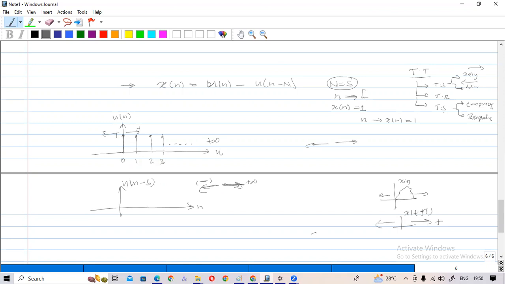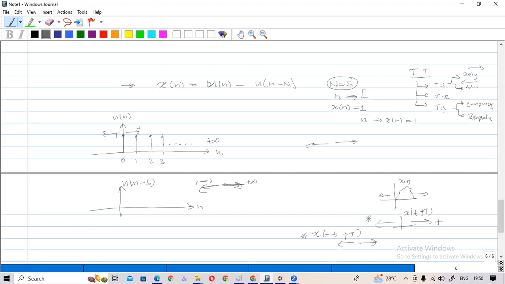And if it is time reversal, it happens vice versa. If t is time reversed, minus t means it is shifting this way, and plus t means it is shifting this way. Please try to remember these two situations.